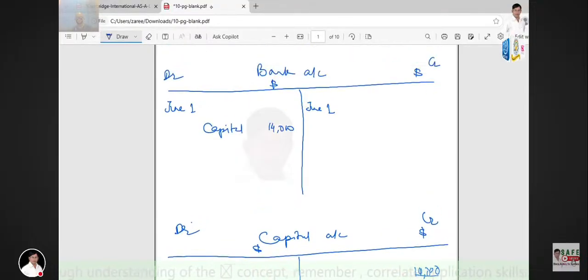What will be the entry? Supplier account debit means you have to write on this side only, no? To purchase return here, 7,000. So now this balance will become 1,51,000.